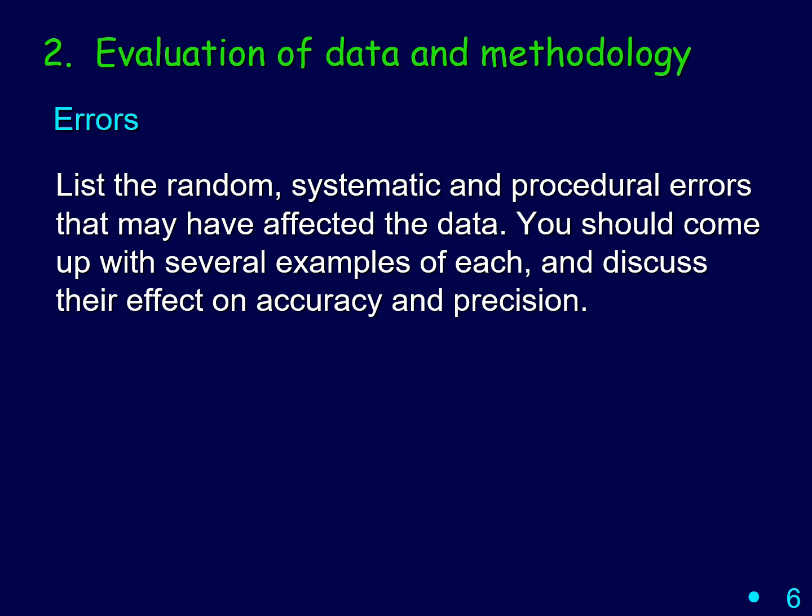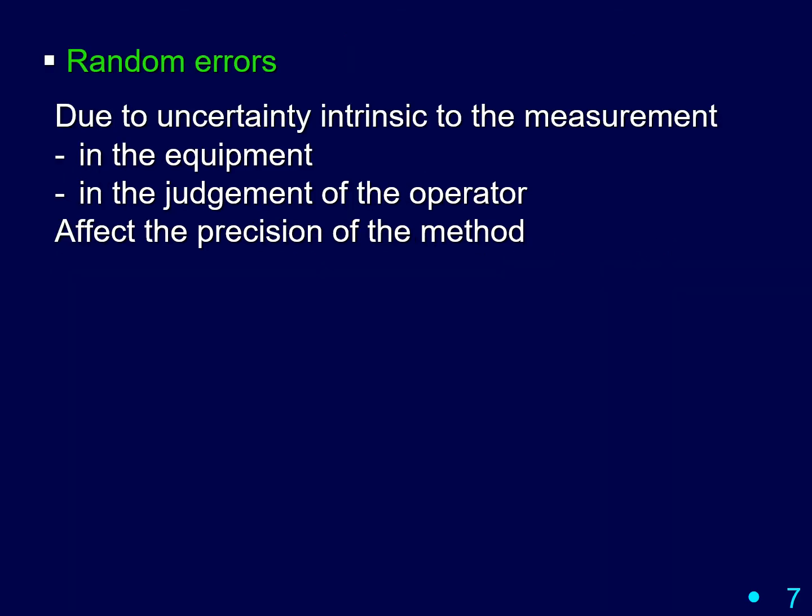Now to evaluate the data and methodology, look at the errors that are obtained. And the rubric asks us to evaluate random, systematic and procedural errors and discuss their implication on accuracy and precision. So I'm going to go through each of those in turn. First of all, random errors. That's due to the intrinsic uncertainty of the measurement.